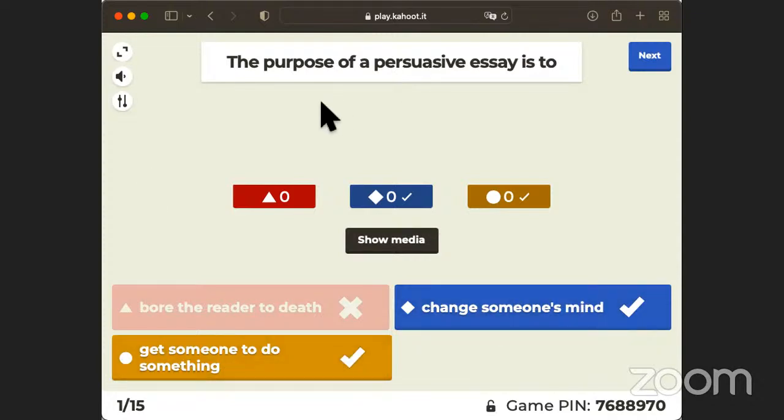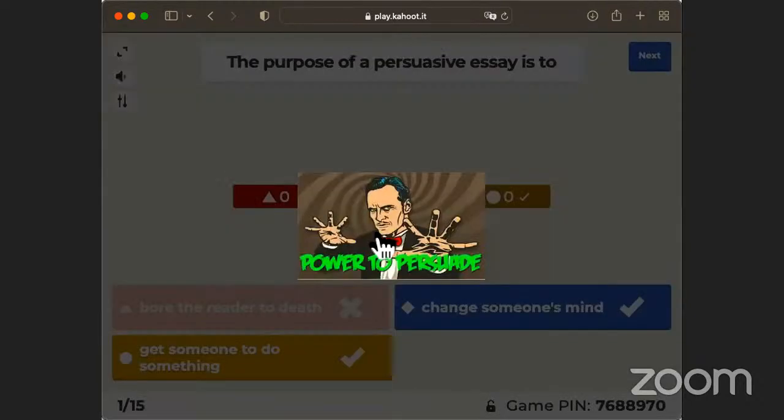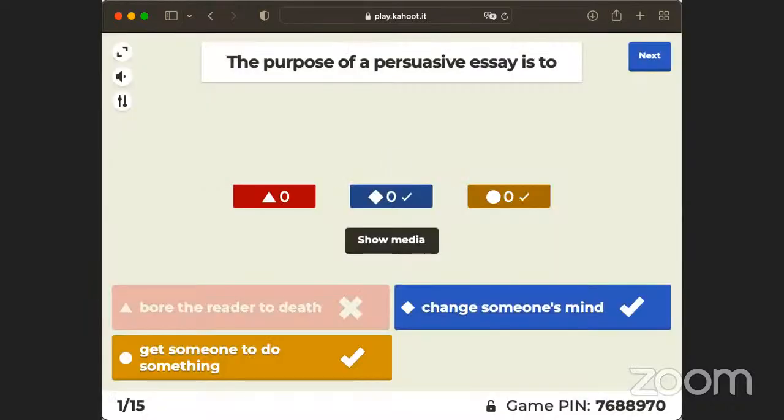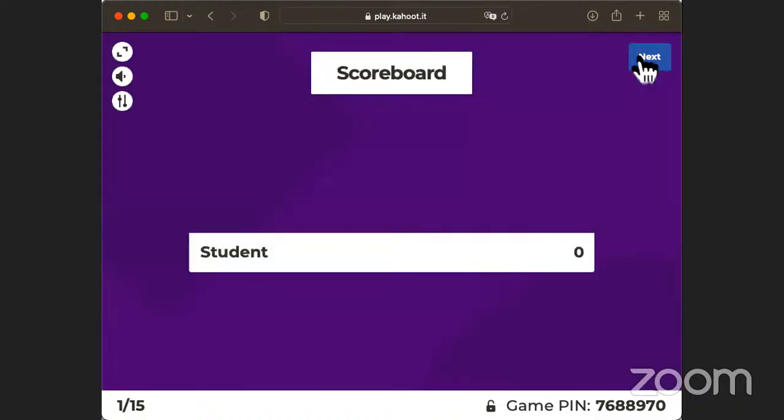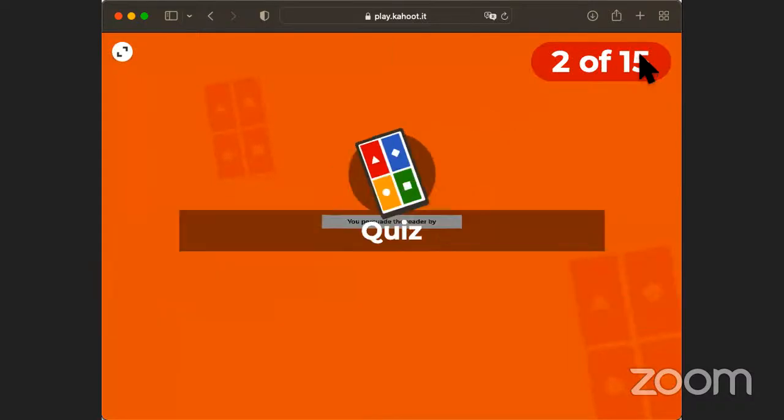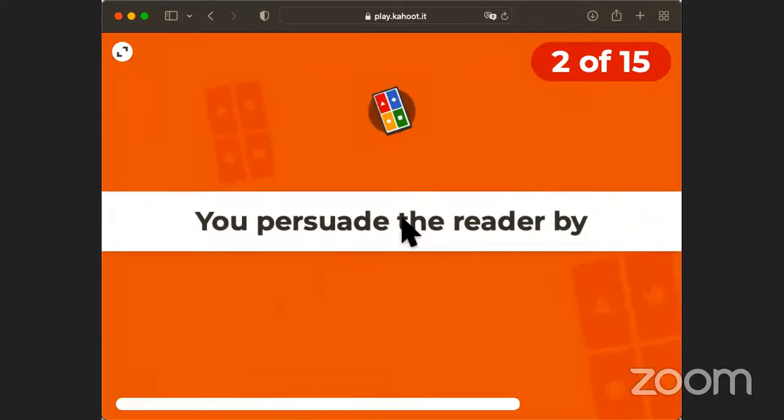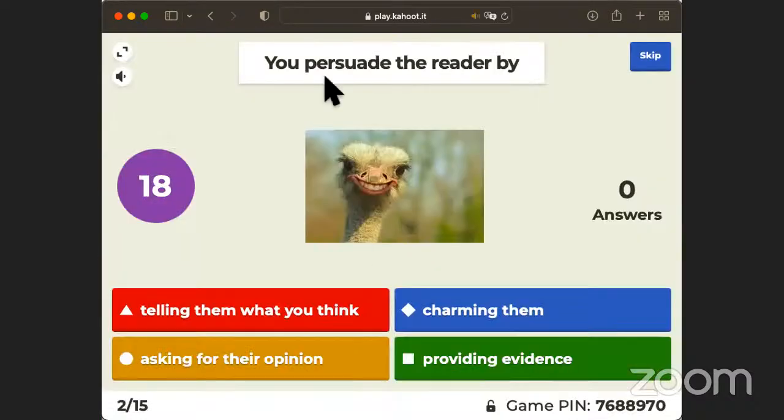So we want to make them think how we think. We want to change their opinion about something. That's the whole point of a persuasive essay. We will persuade the reader.